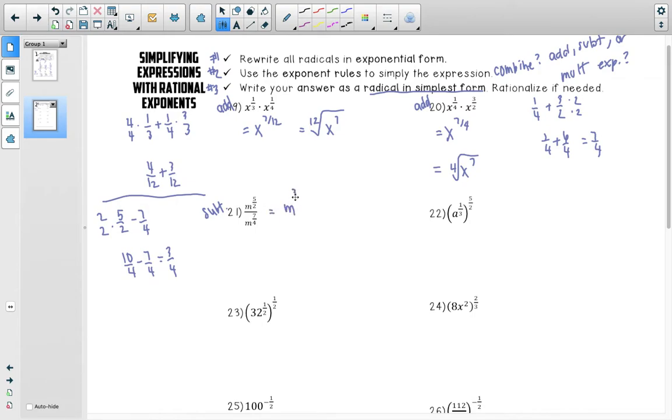It all goes to the top, and in the last step, we have to put it into radical form. So it's m cubed, and then the 4th root of m. And nothing can simplify, because for it to come out of a 4th root, you need groups of 4. So since it's 3, it can't escape this 4th root.